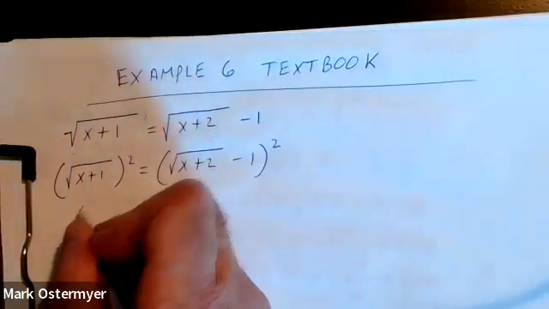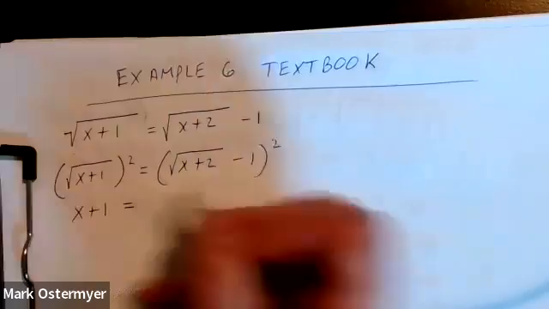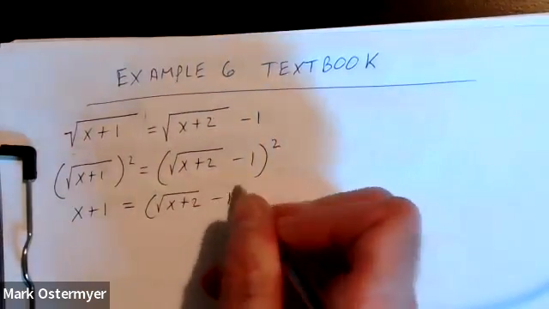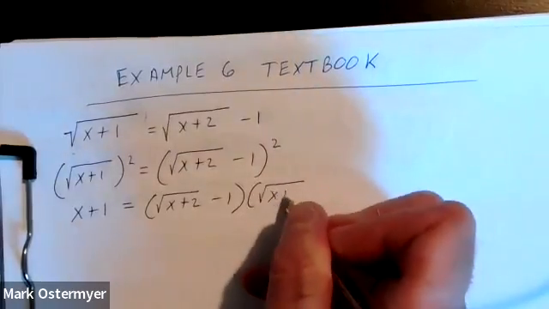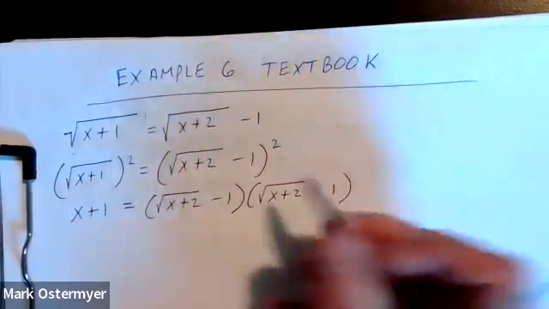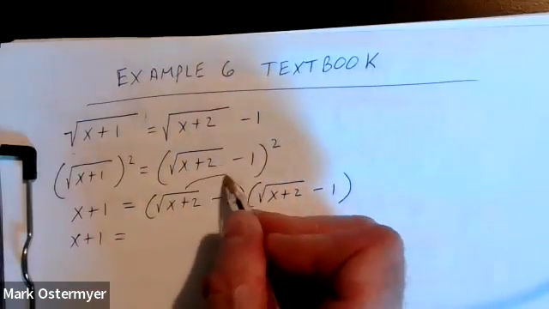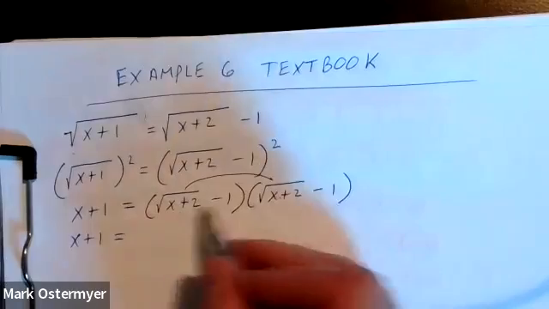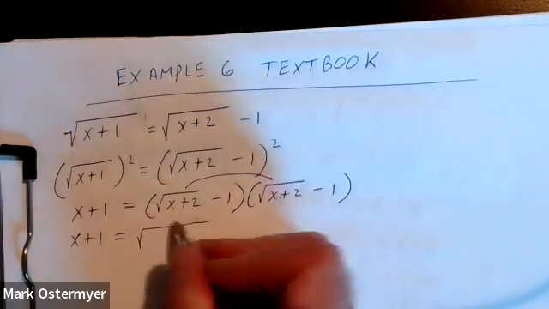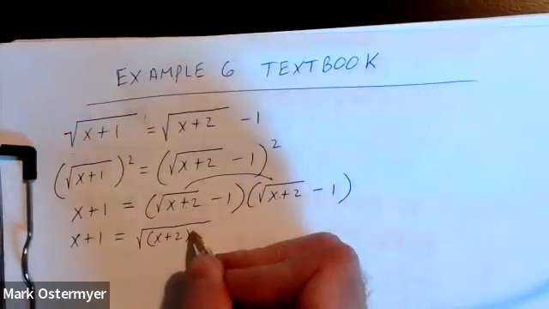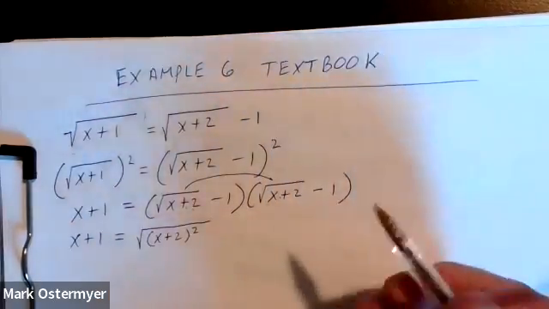The left side trivially just becomes x plus 1. But the right side is in need of multiplying this all out. So here we go. Now the square root of x plus 2 times the square root of x plus 2 is going to be the square root of x plus 2 times x plus 2, which is the square root of x plus 2 squared.